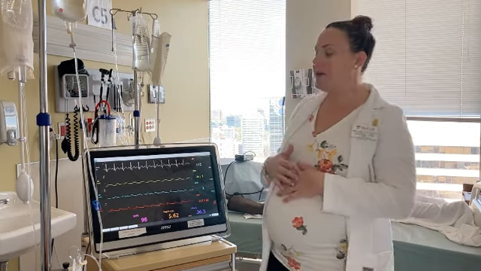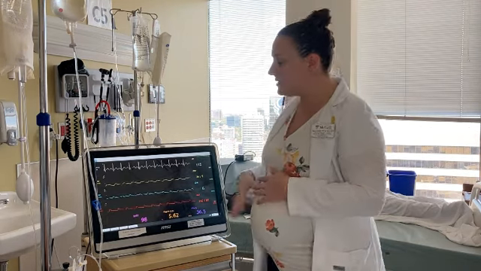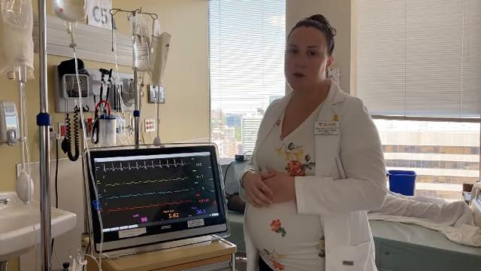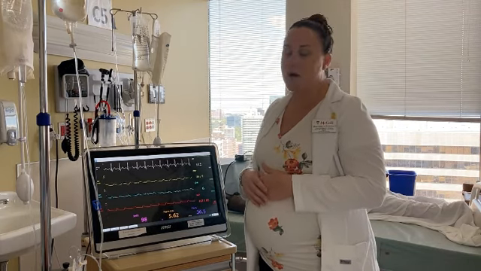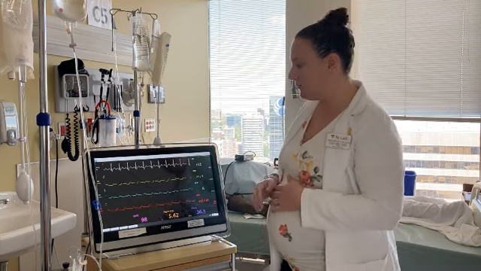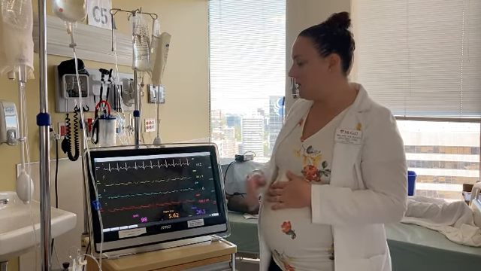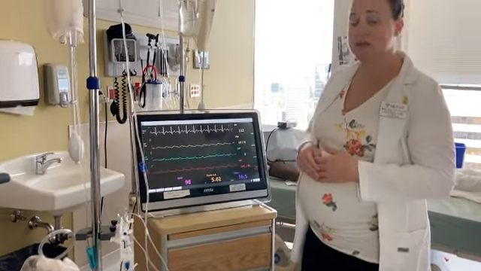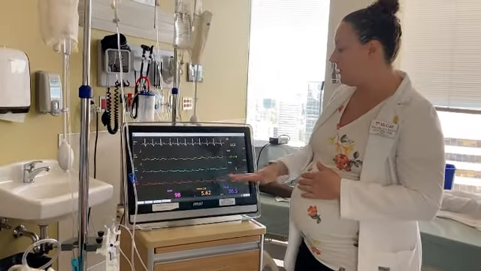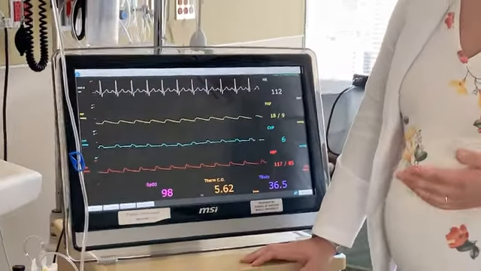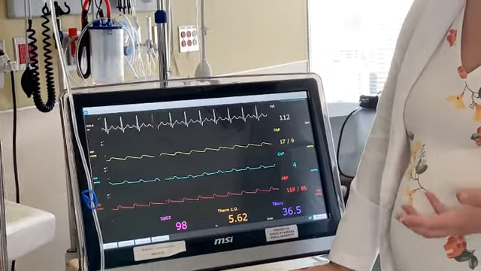So we'll do a combination of cardiac output, cardiac index, but we'll also measure the central venous pressure, the pulmonary artery pressure, and the pulmonary artery obstructive pressure all at once to get one big picture. So when we're looking at the CVP, generally speaking, and every institution might do this a little bit differently, the idea is that you want to measure the central venous pressure at the end of exhalation.